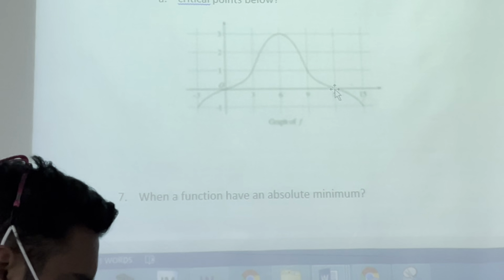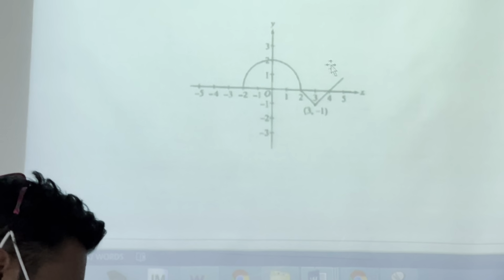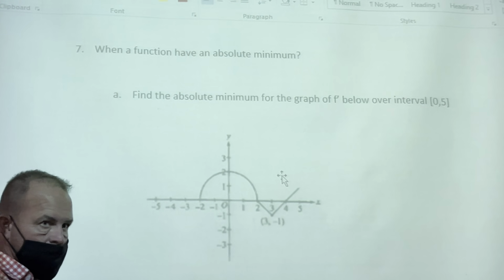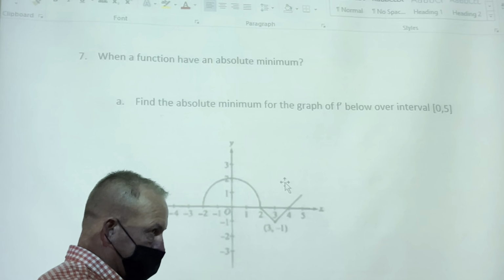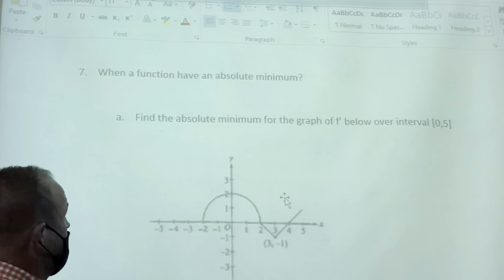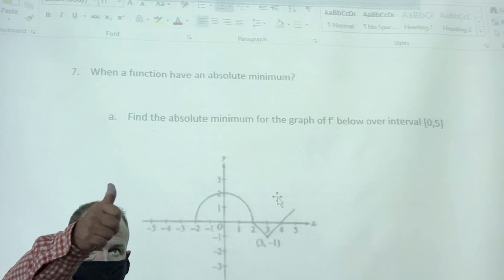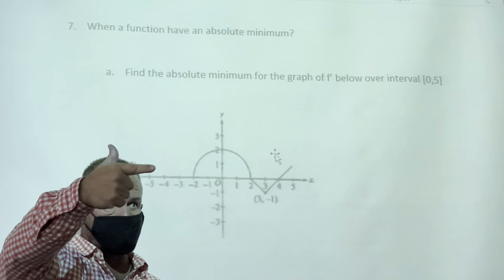A graph has an absolute minimum. You notice how this is rolling off my tongue. I'm not even thinking. It's just automatic. An absolute minimum for a graph, just so you understand: you have to look at critical points and you have to look at endpoints.